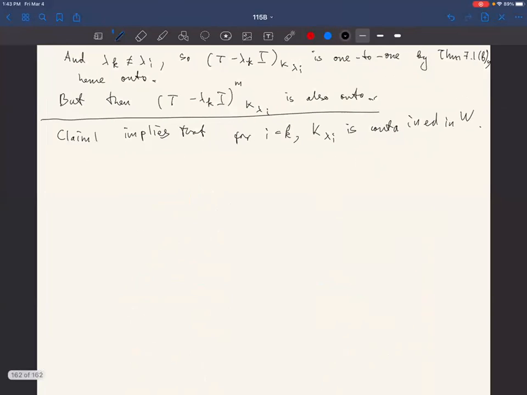So the conclusion by combining these two things is that K_λi is contained in W, because K_λi is its own range, so it's contained in the range of the whole space. And hence, we have that λ_i is an eigenvalue of T_W for all i less than k.